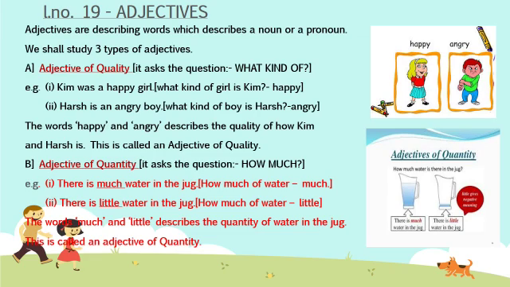Let's move on to the third part. Adjective of number means it will clearly ask the question, how many? Adjective of number, there are 20 boys going for a picnic.